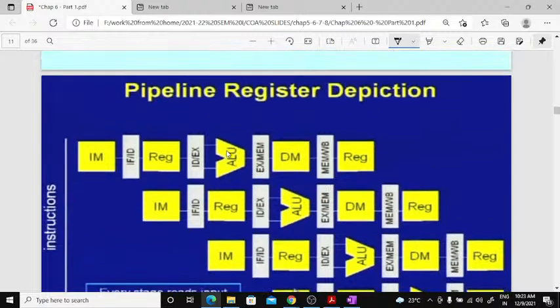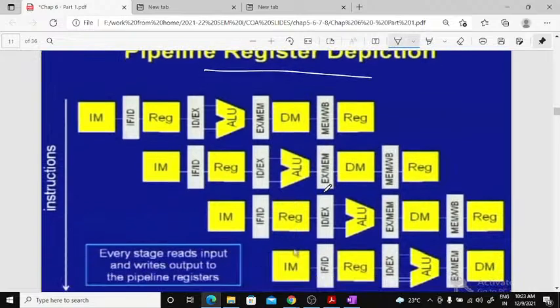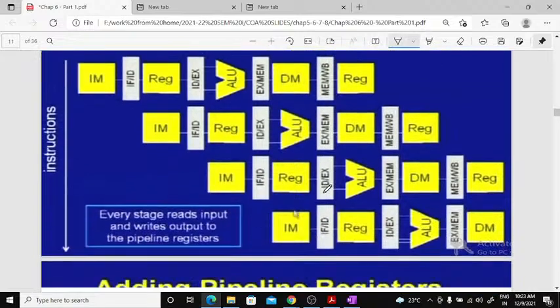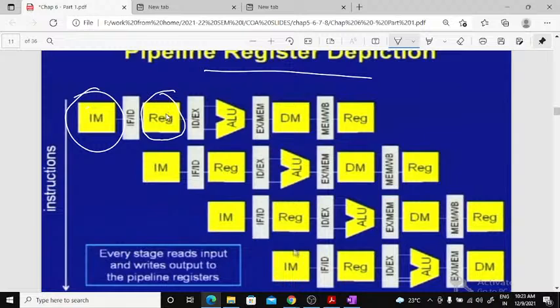So the pipeline registers are represented in a different way. Here this is the instruction memory, and here instruction fetch, instruction decode. Between these two there is a latch circuit. In a pipeline there is a latch circuit between the two stages. Here IF/ID means this is the instruction fetch stage, this is the instruction decode stage.